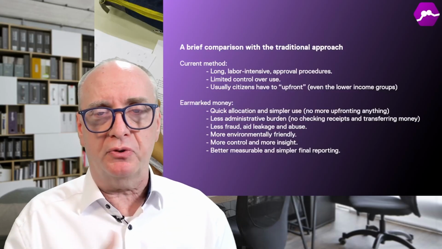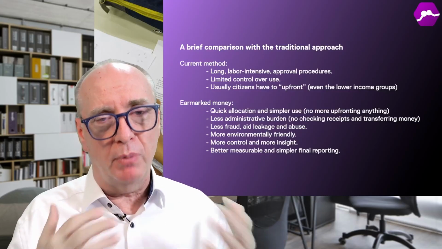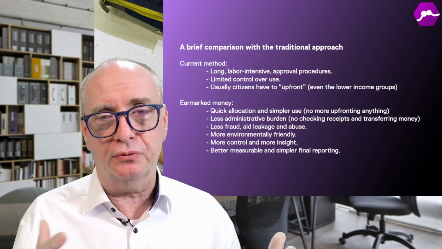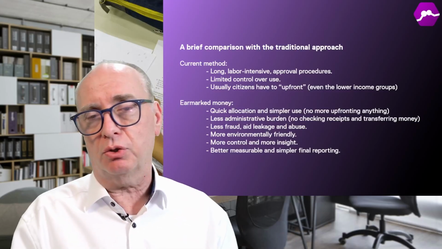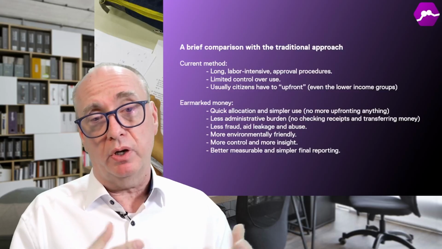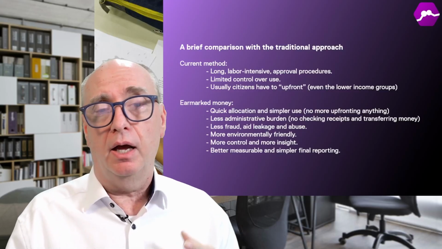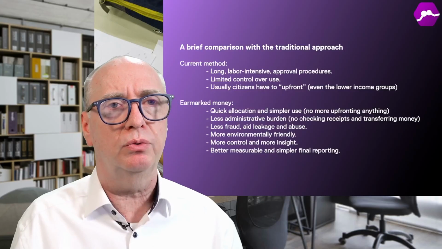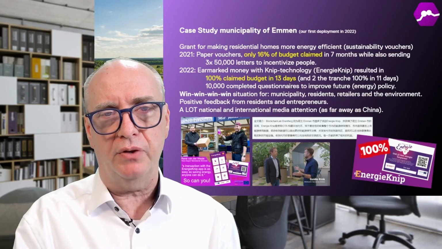People don't have to upfront anymore. There is much less administrative burden. There's no way for fraud, aid leakage, corruption or abuse. It's more environmentally friendly. It's better measurable and has simple final reporting. So a lot of big advantages.